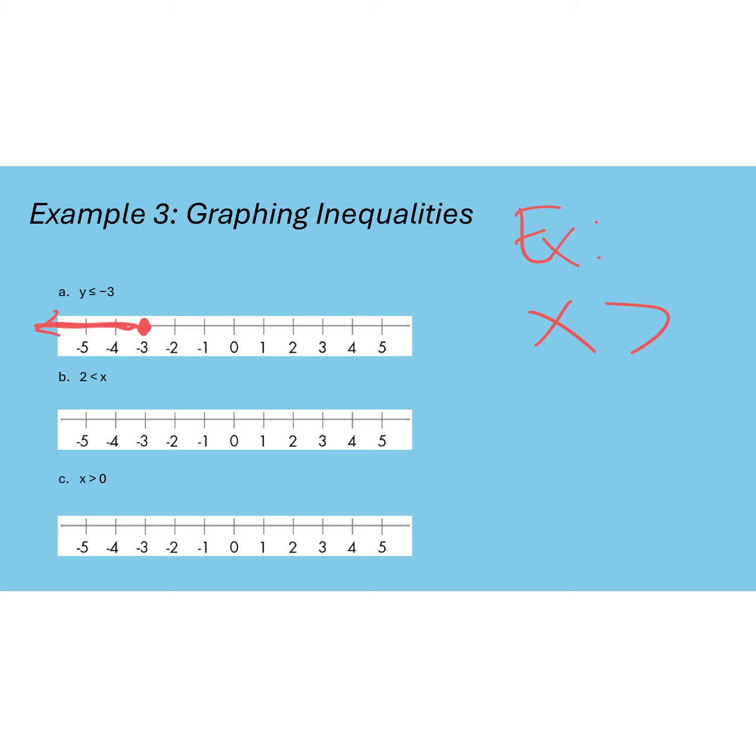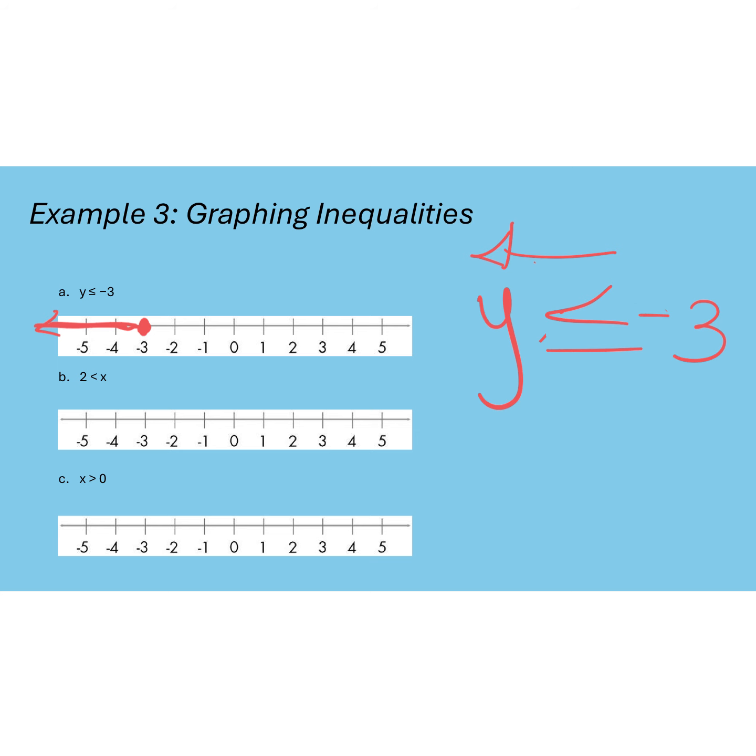Why? If you pay attention, that's what I was talking to you guys about. Pay attention to where it looks. This is y is less than or equal to -3. Which way is this pointing towards? That way, to the left.